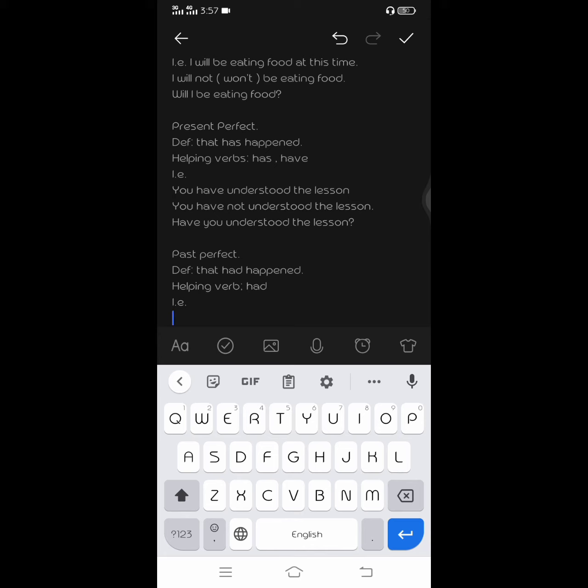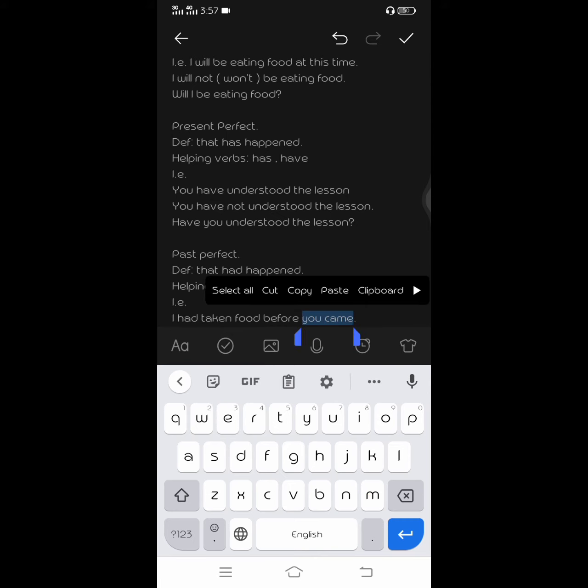So let's take an example. Suppose if you want to say कि मैं तुम्हारे आने से पहले खाना खा चुका था, so you would say I had taken or eaten, you can say, food before you came. So now you see here we have a past simple tense, you came.